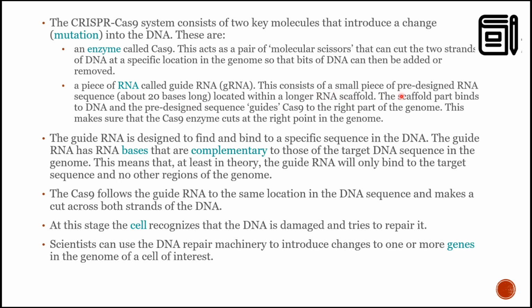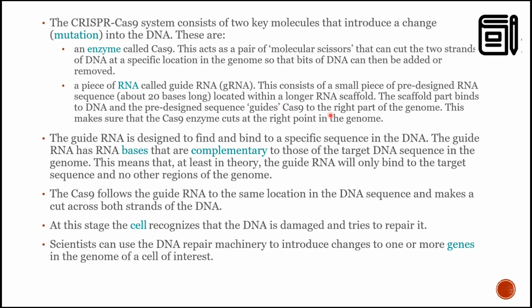This RNA consists of a pre-designed RNA sequence, which is always complementary to the DNA where we have to make the cut, and a longer RNA scaffold. The scaffold part binds to the DNA, and the pre-designed sequence guides the Cas9.